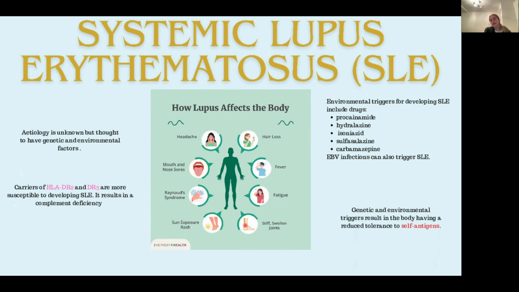I feel like EBV infections can trigger a lot of autoimmune conditions, so it's a good one to remember. But basically, these environmental and genetic factors all cause the body to have a reduced tolerance to its self-antigens. It no longer just accepts your antigens as being its own, and then it starts to attack them.